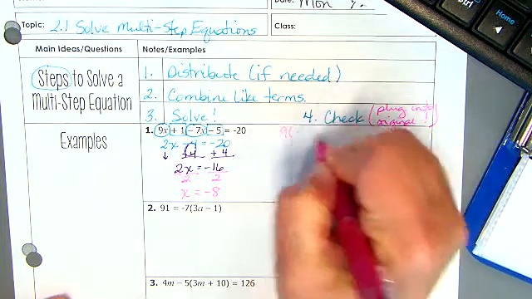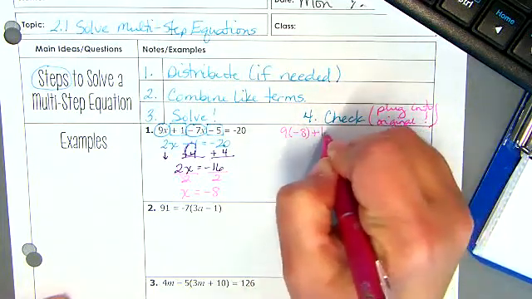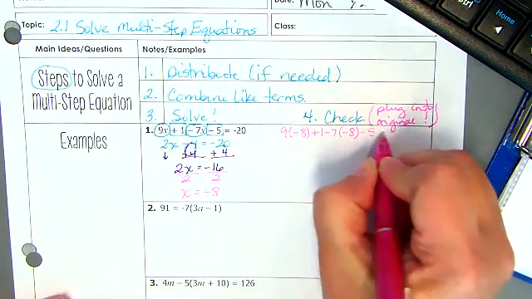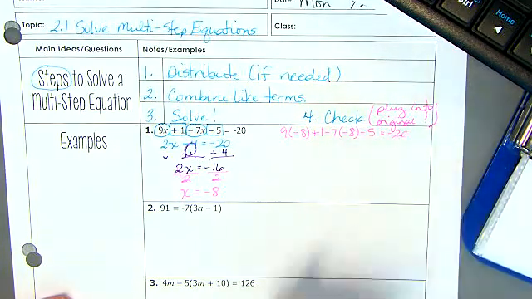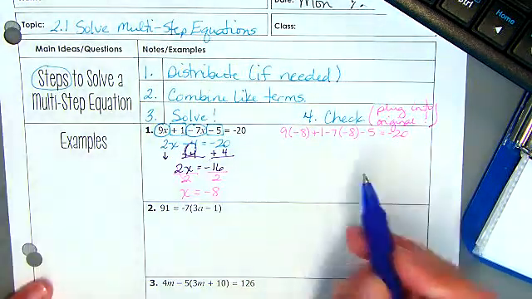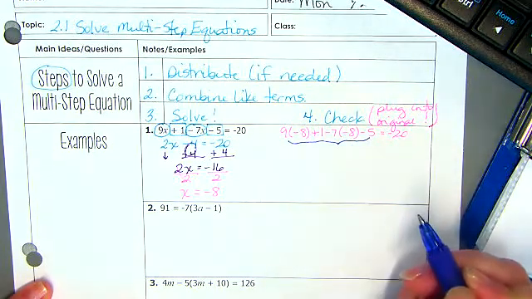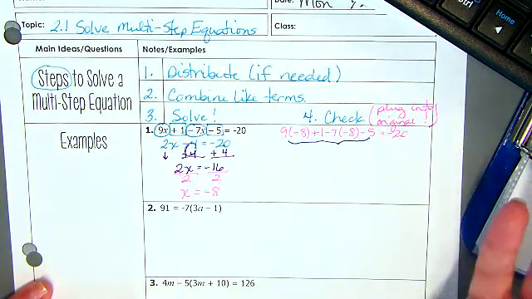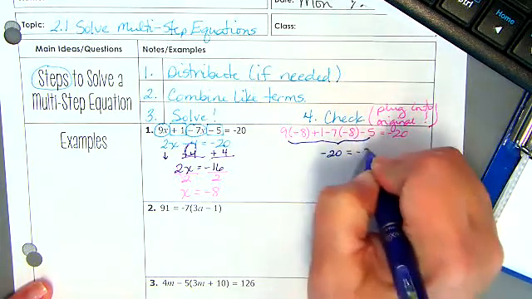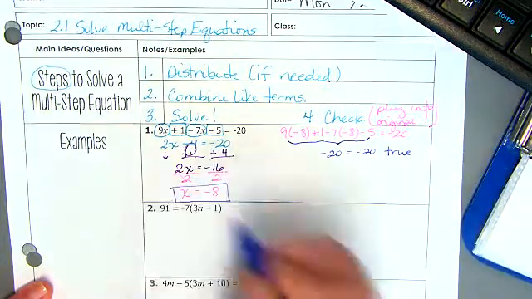So I'm going to have 9 times negative 8 plus 1 minus 7 times negative 8 minus 5 equals negative 20. I'm wanting to know if all of this equals the negative 20. So I'm going to actually punch all of this into the calculator. We have those nice handy dandy TI-84 calculators where we can punch all that in. When you punch it all in, you do get negative 20 equals negative 20. This is true, so this is my correct answer.